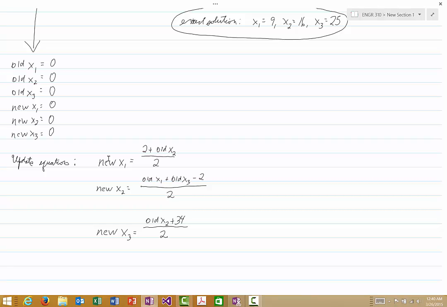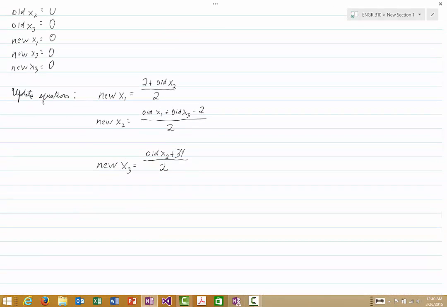Let's say after one step. Now the old x's have not been changed yet, so we still have old x1 equals 0, old x2 equals 0, old x3 equals 0.